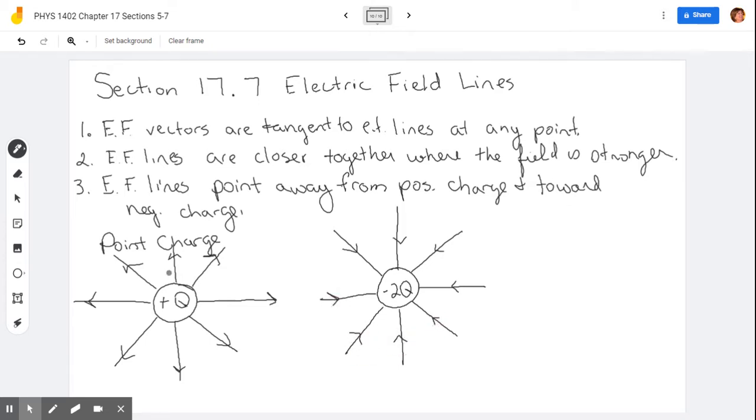In other words, the electric field due to negative 2Q is twice as big in size as just the electric field due to Q. So since it's got twice as much charge, I'm going to have to draw twice as many lines. And again, all of these will point towards the negative charge because a positive charge would feel an inward force towards that.